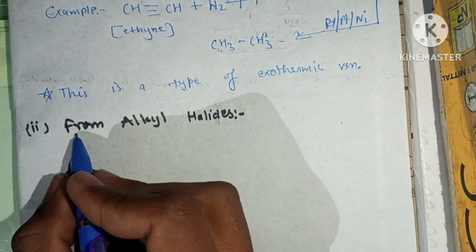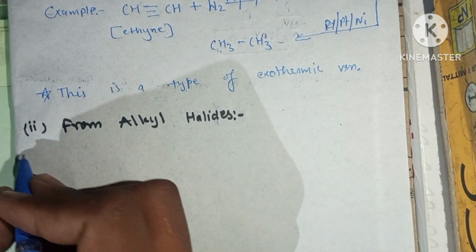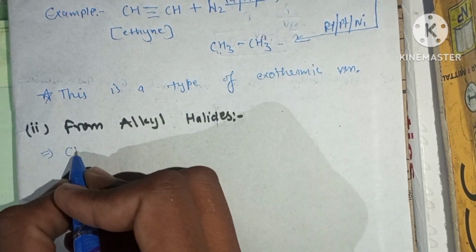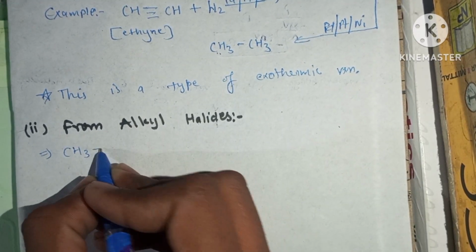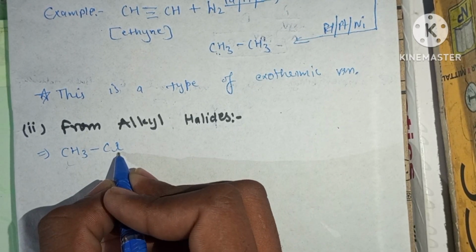Now the second process is from alkyl halides. How can we prepare alkane from alkyl halides? We take alkyl halide CH3Cl. This is the alkyl group and this is a halogen.